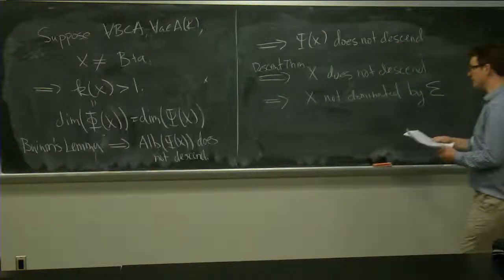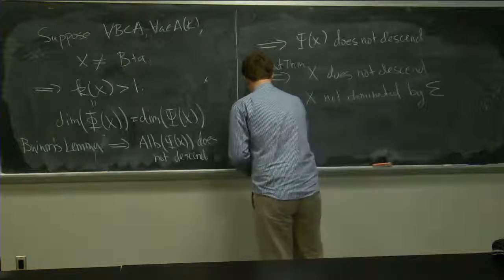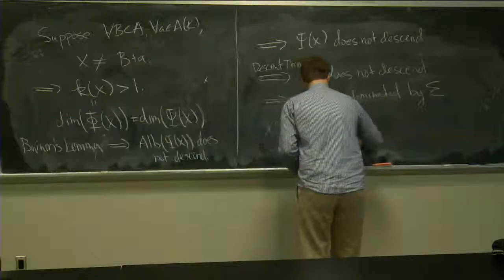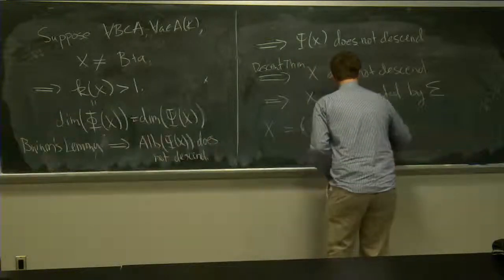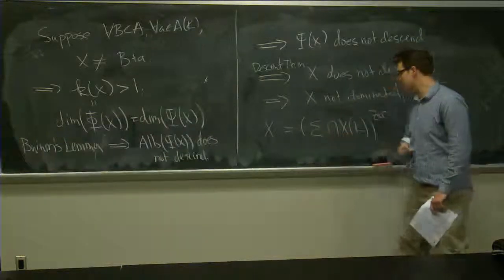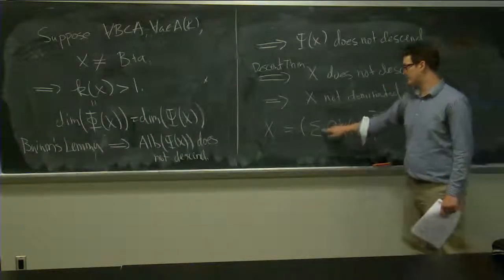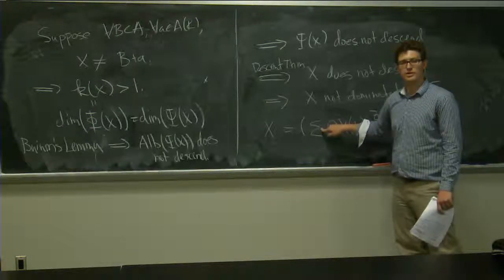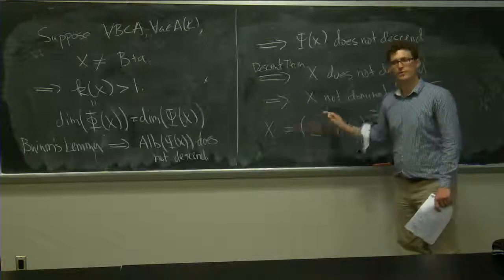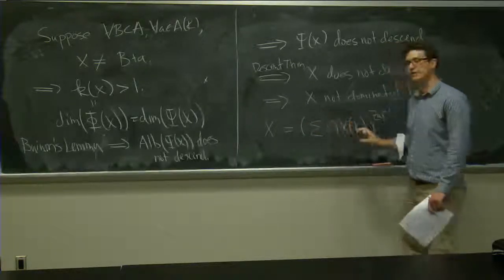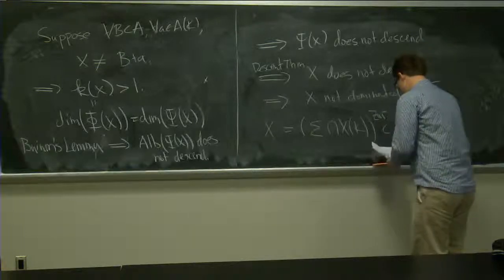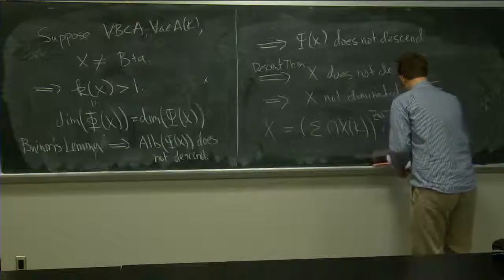And so in particular, when we started, we took an irreducible component of the Zariski closure, and this thing here is contained in the image of this.